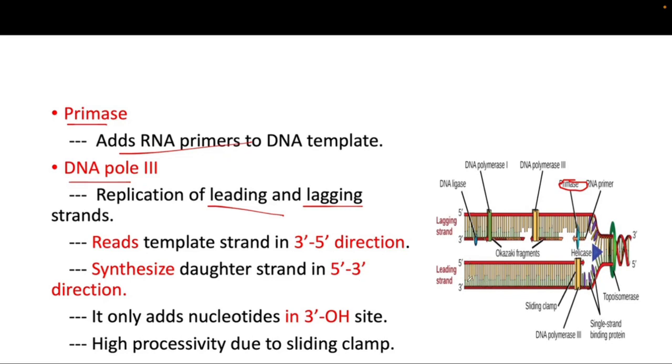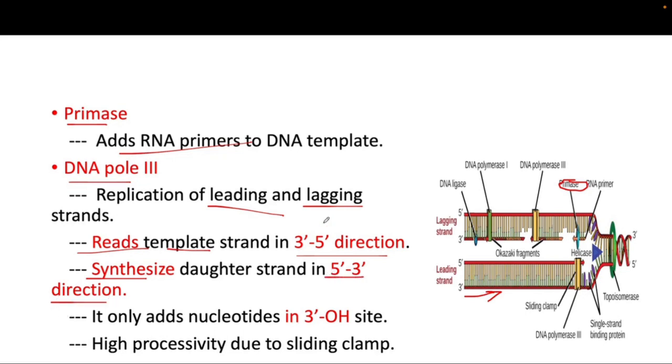As you can see here, it reads this way, it goes this way. And it starts making the new daughter strand from 5 prime to 3 prime. Okay, so the most important thing to note here is that it reads the template strand from 3 prime to 5 prime direction, and it synthesizes the daughter strand in 5 prime to 3 prime direction.